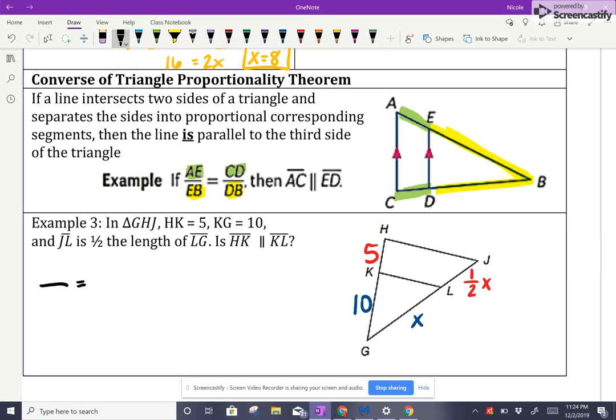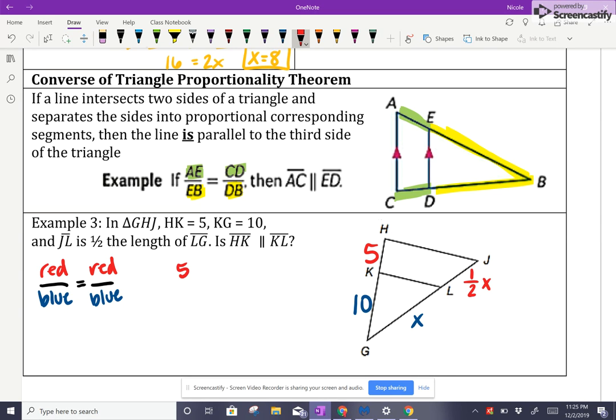So I'm going to do red over blue and red over blue. Now, if you do blue over red, that's fine. You just have to stay consistent. So if you do blue over red on one side, you have to do blue over red on the other side. I don't care. That's totally fine with me.